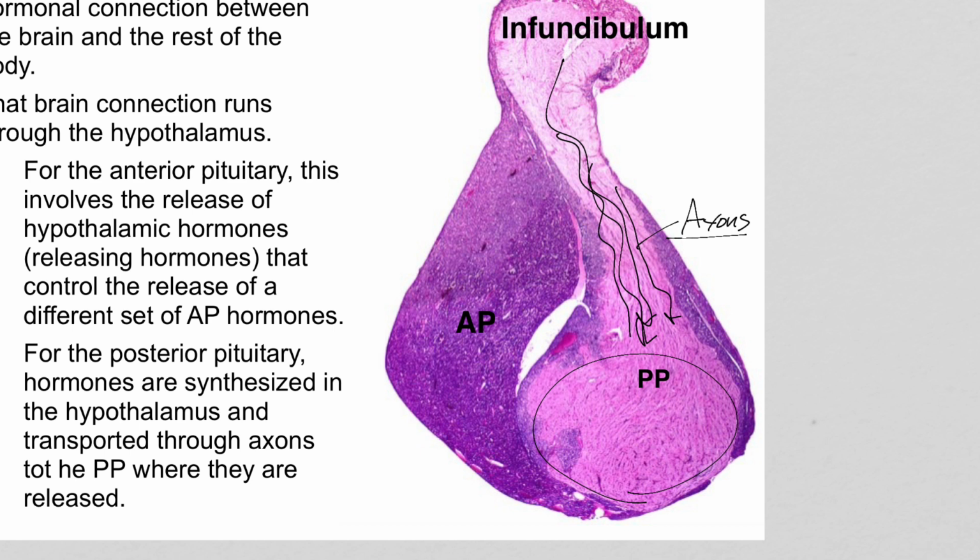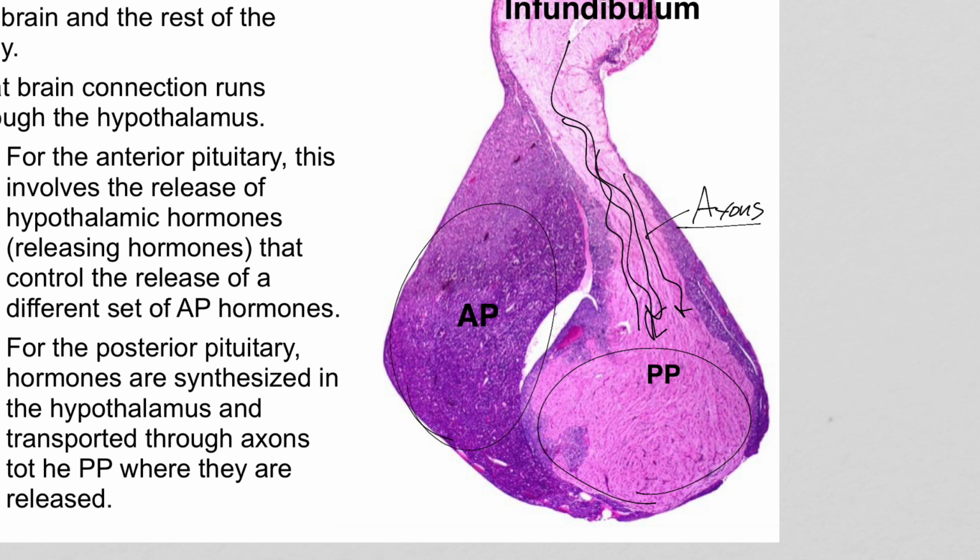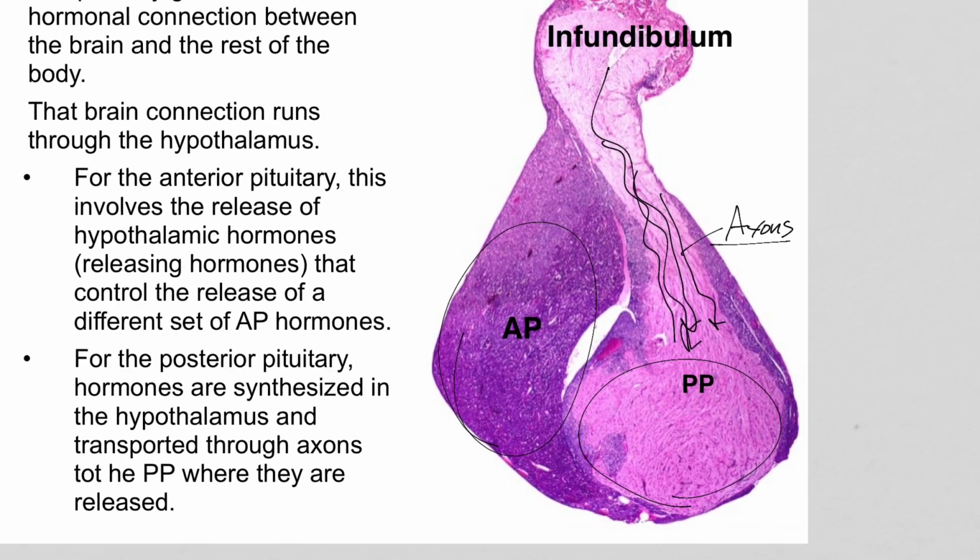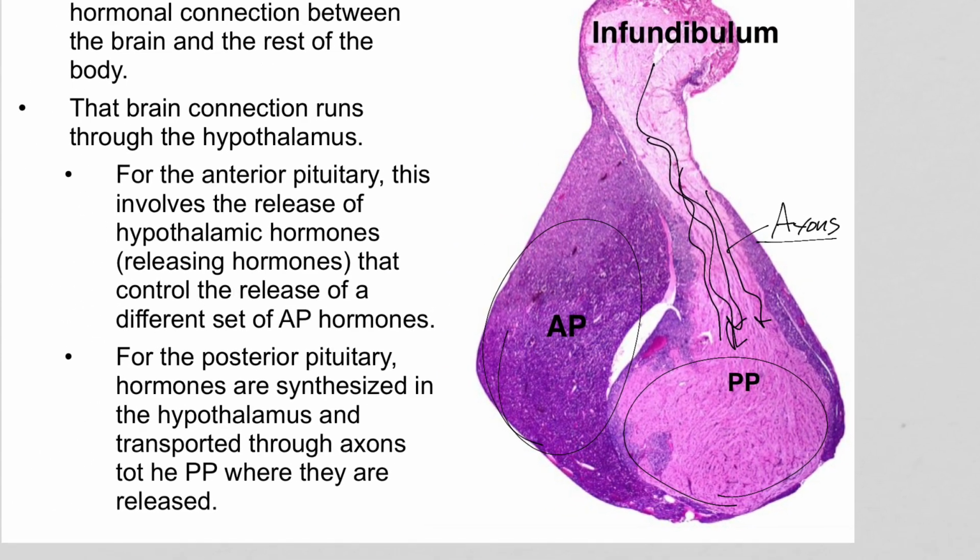Those are just axons. The anterior pituitary, you can see, looks very dense. Remember, when you look at histology slides like this, the dark purple color is a DNA stain for nuclei of cells. The anterior pituitary is much more densely packed with endocrine cells because they have to actually produce their own hormones.